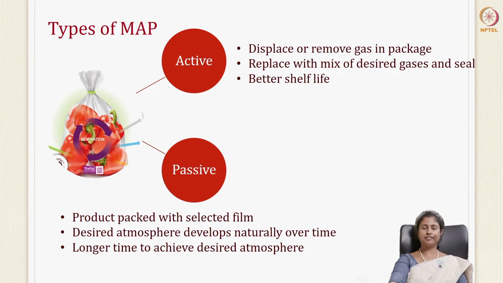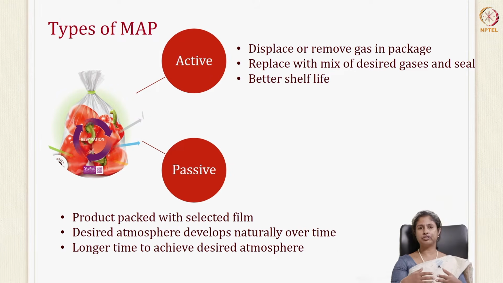In the active, the gas inside the package is completely removed and replaced by gas of a desired composition. On the other hand, in a passive, the product is packed in a selected film. You will introduce an atmosphere of desired composition into the package and it is sealed. But over time, as the produce continues to respire, the gas composition inside is passively altered.